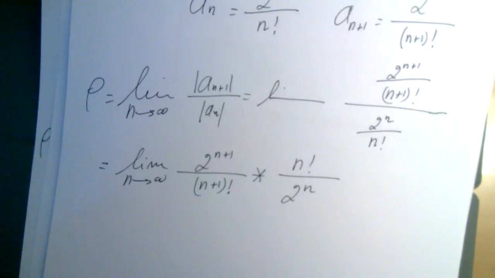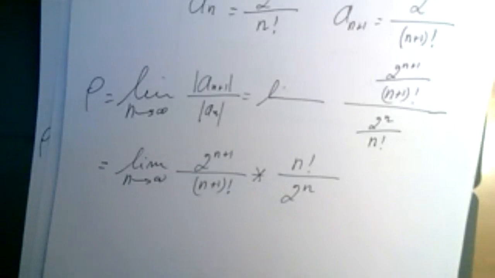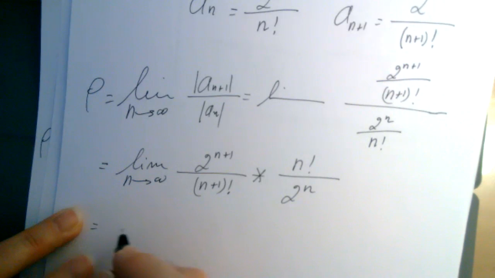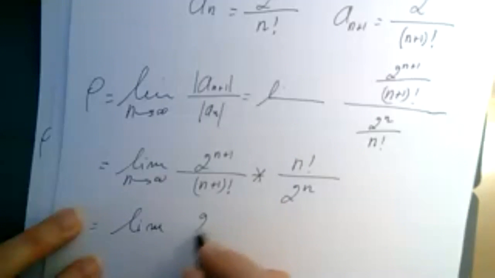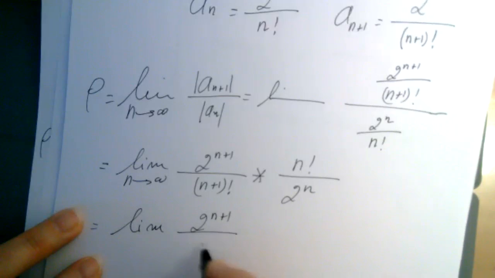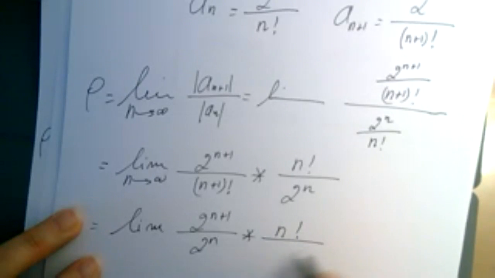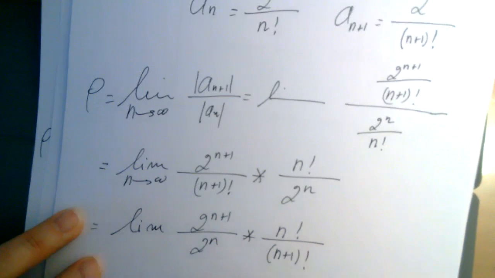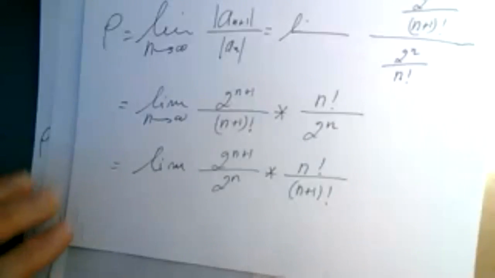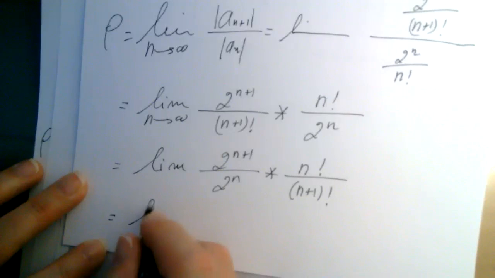And then I want to simplify. So I put like terms together, just to make it a little bit simpler for us to visualize what's happening. So I'm going to put 2 to the n plus 1 over 2 to the n, times n factorial over n plus 1 factorial. All right, we're almost at the end.